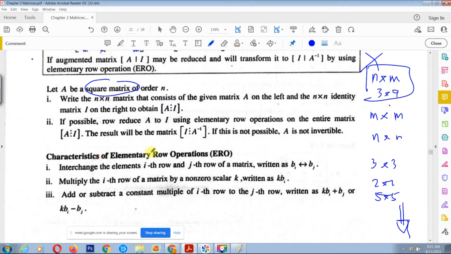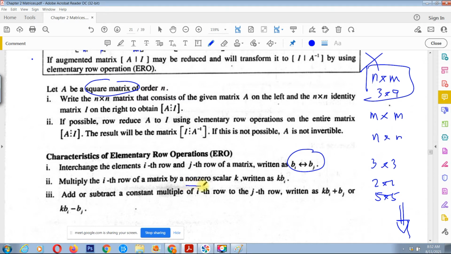Okay, the elementary row operations: we have interchange, meaning we change the rows. Second, multiply the ith row of the matrix by a non-zero scalar.